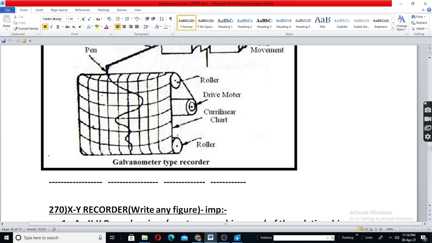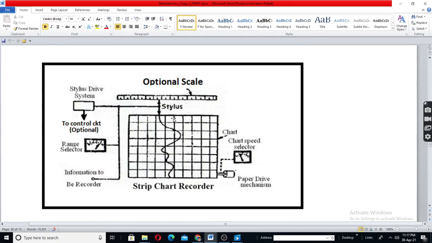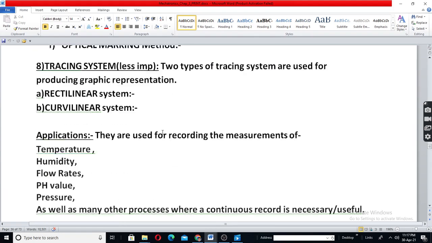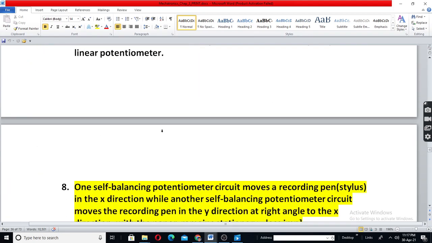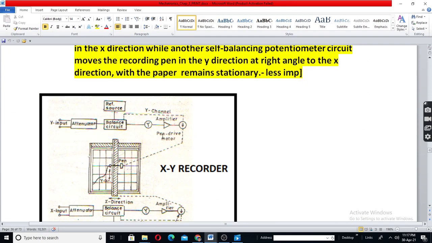The paper bundle will be here initially, and when the motor rotates, the paper will be moving and collected in this roller. Here there will also actually be another roller, that is not shown here. One is to deliver, the other is the collector. So that is the XT recorder.